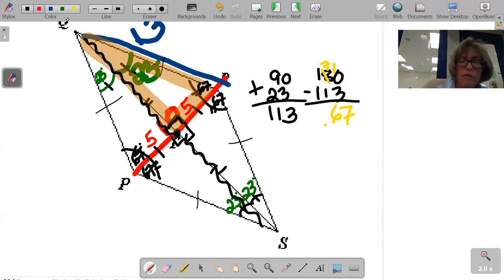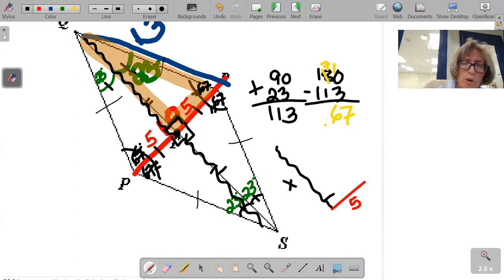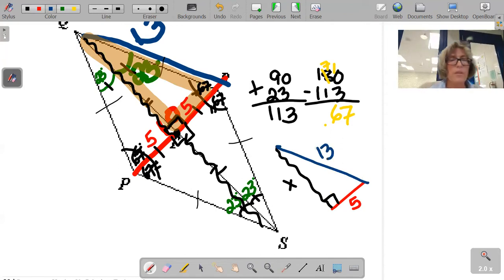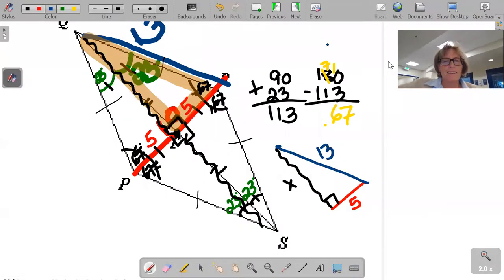But if you look carefully, we have a 5 here, unknown with the right angle, and we have 13. Have 2 sides, need third side, Pythagorean theorem. It's your superpower. So what do we have here? We have 2 sides, need a third side.